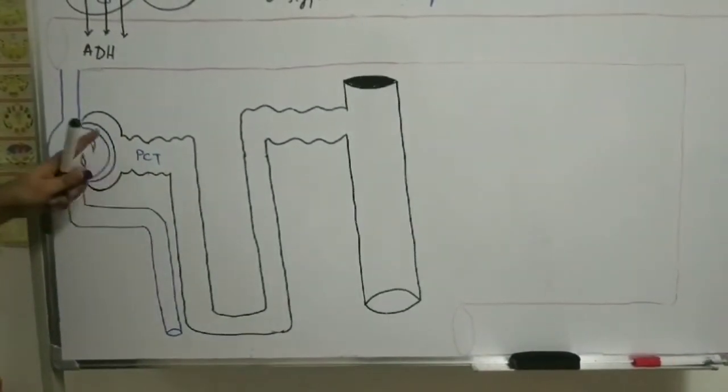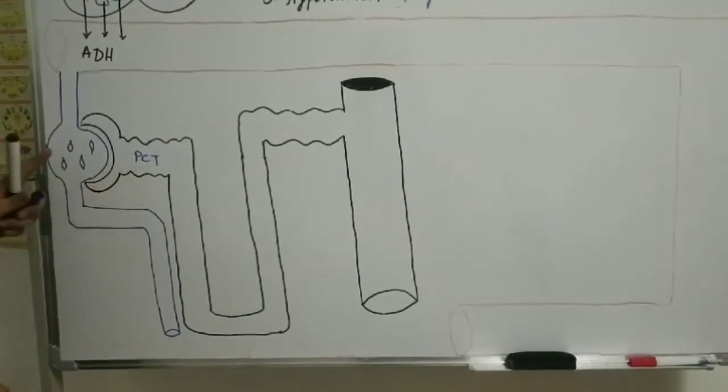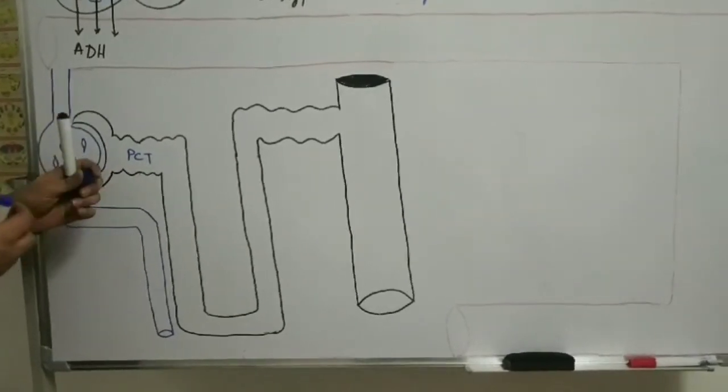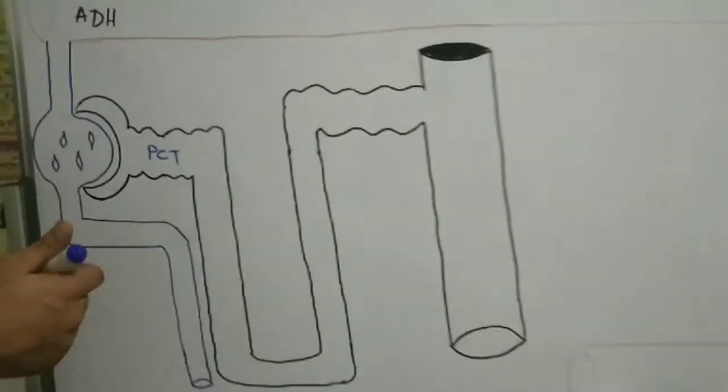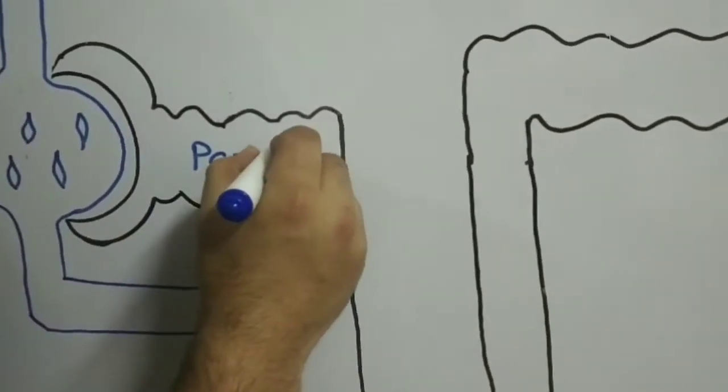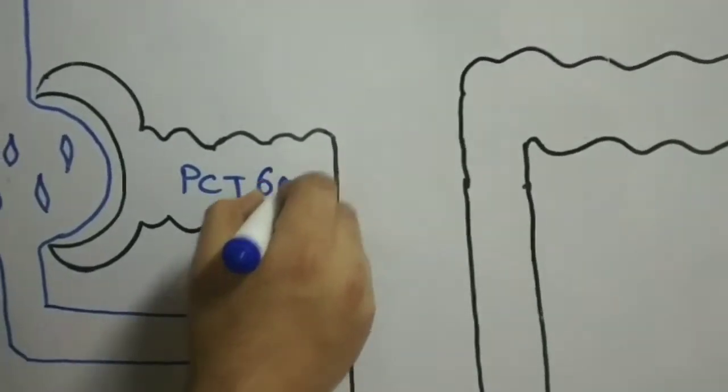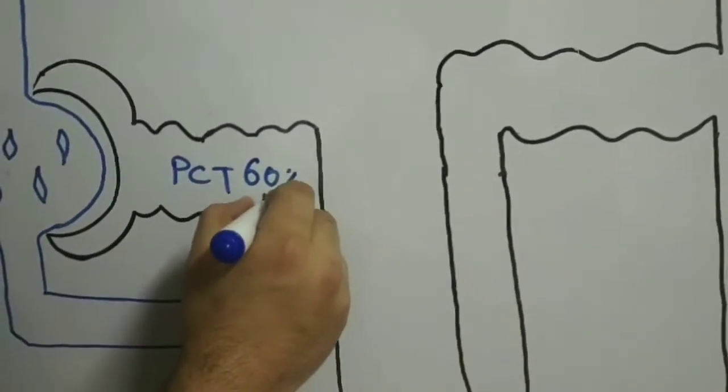This proximal convoluted tubule is responsible for reabsorbing water. How much percent does it absorb? It absorbs around 60% water, or 60-70% of water.